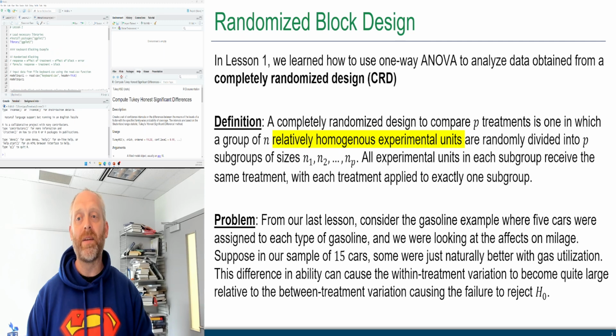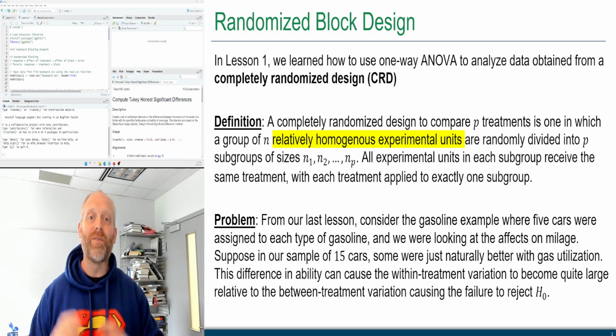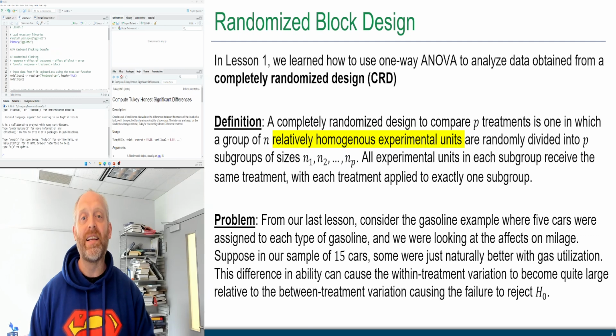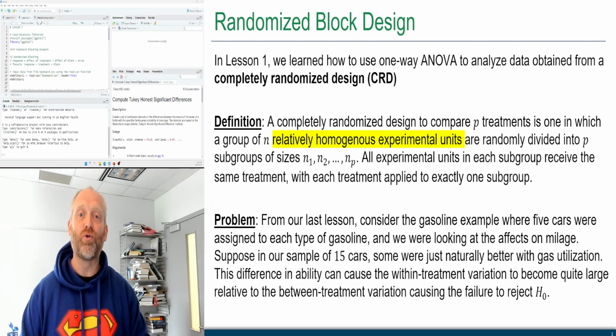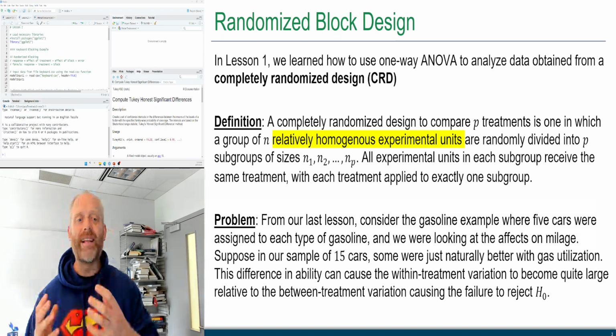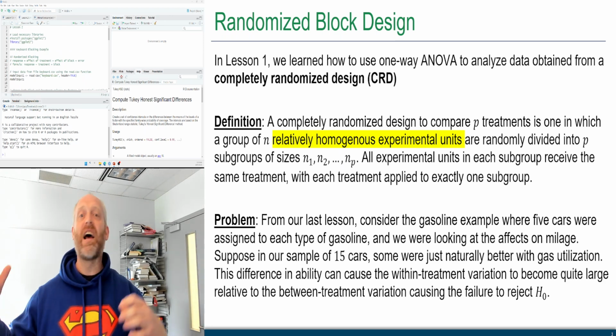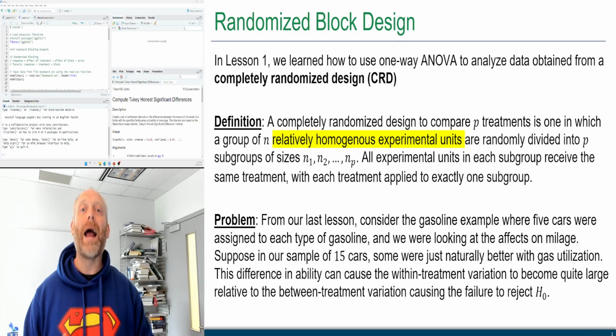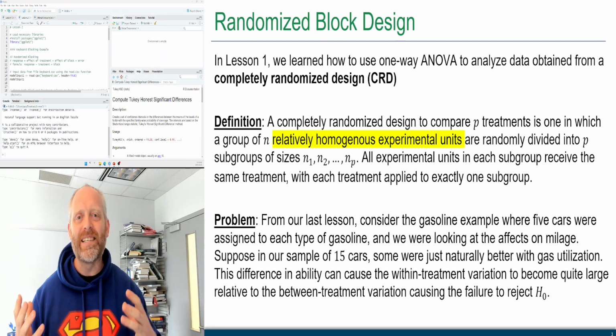If all of the outcomes for a specific treatment were very close to the center, then the center would be a good representation of the outcome. But if we had observations far to the left and far to the right, maybe that center is no longer a good representative for the entire treatment.